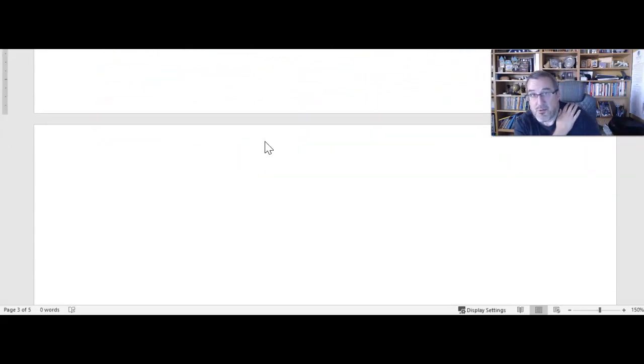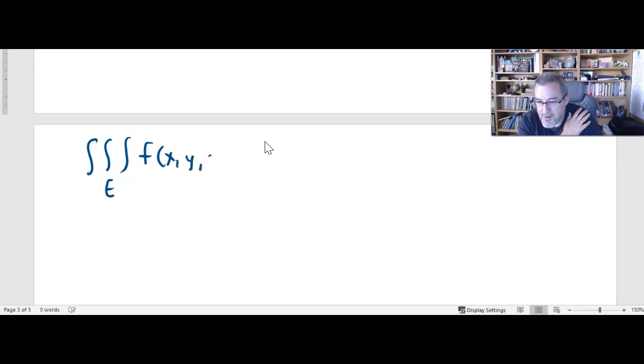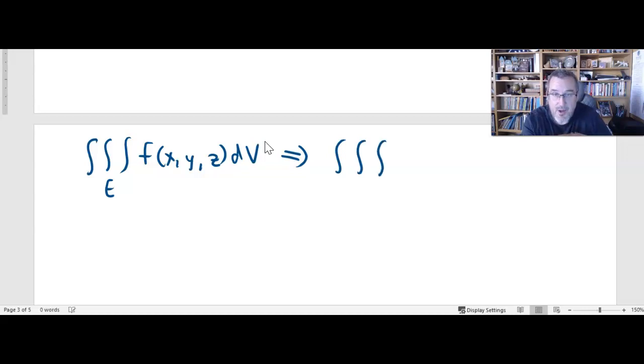Now, as we moved into triple integrals, if we had a triple integral over some region E, and we had a 3-variable function, and we had a dv, and suppose it would make sense to convert that into a cylindrical coordinate situation. Remember, cylindrical coordinates were polar coordinates extended, so cylinders. And so we would make the conversion.